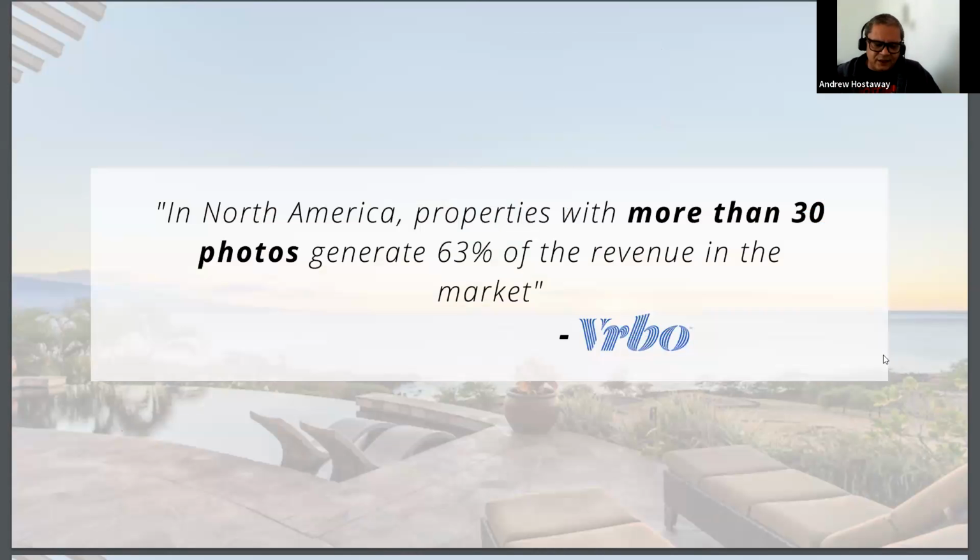Why are we insisting on the number of photos? Why is that relevant? Because this is part of the things that we're discussing here, and it was brought to our attention by the Vrbo team. In North America, properties with more than 30 photos generate 63% of the revenue in the market.